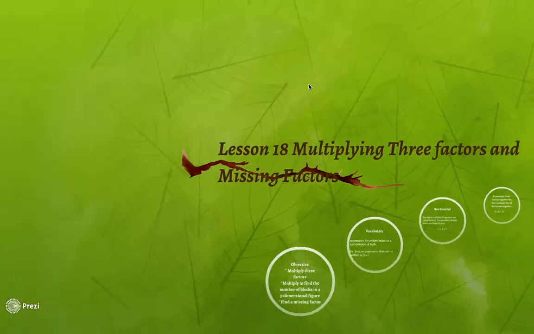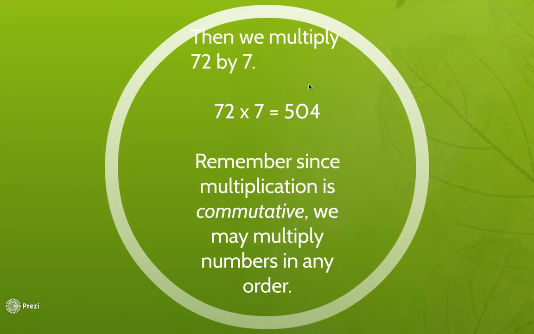Then we take the 72 and multiply it times the 7, which equals 504. Remember, you're going to show your work by actually working the problem, so you write 72 times 7 and show us the work on your paper. And remember that multiplication is commutative, so we may multiply numbers in any order. It wouldn't be wrong.